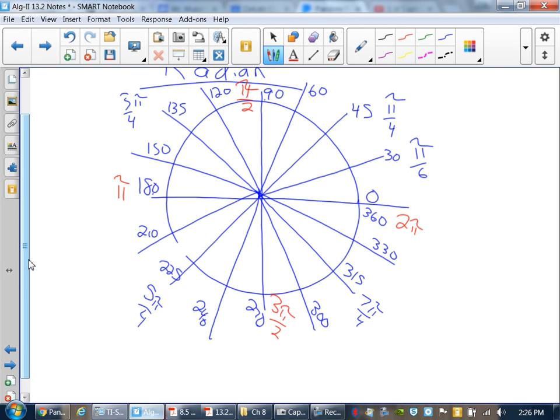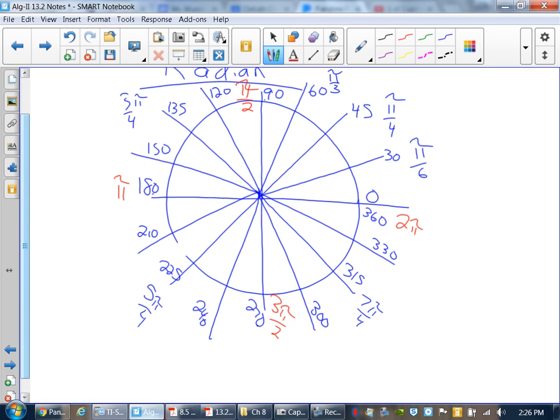Each of those values tick up 30 degrees, which means from 0 to 30 is 1/6, which means I add another 1/6 to get to 60. What's 1/6 plus 1/6? Which is 1/3. And you get pi over 3.